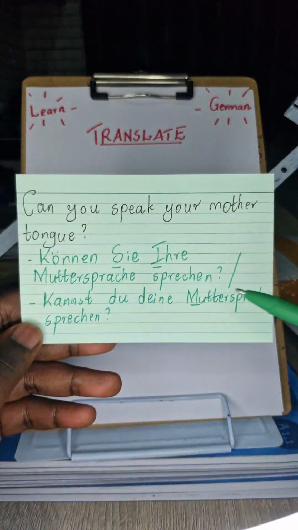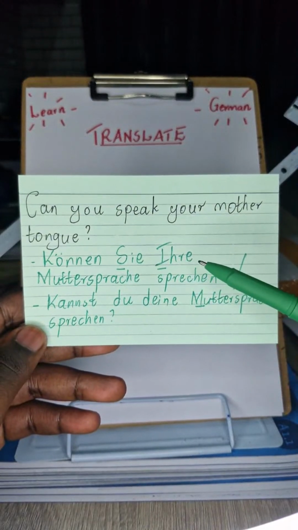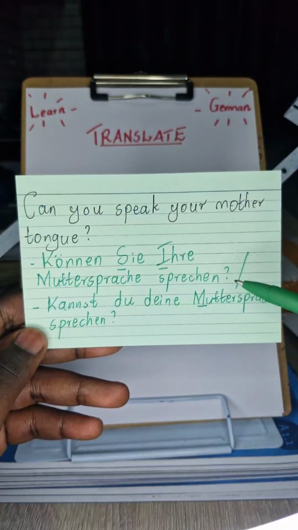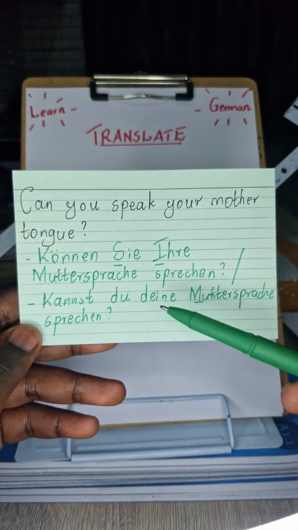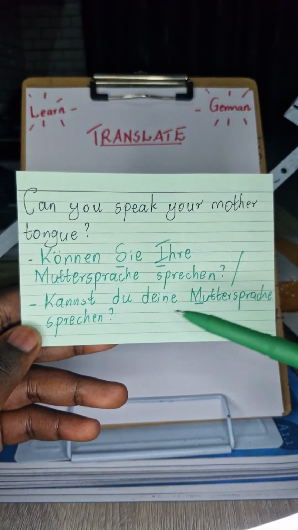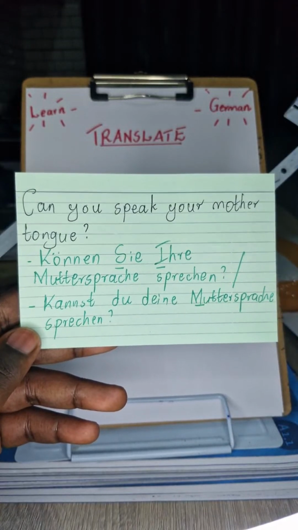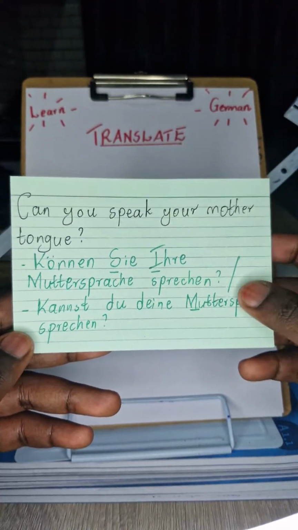So you will either say, können Sie Ihre Muttersprache sprechen? Can you speak your mother tongue? Or, kannst du deine Muttersprache sprechen? Can you speak your mother tongue? So both of these are correct.